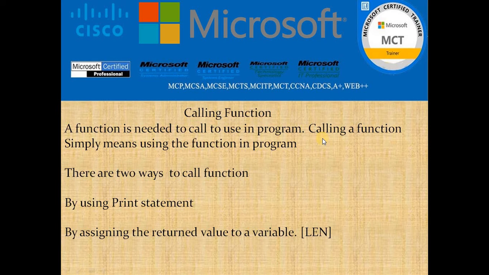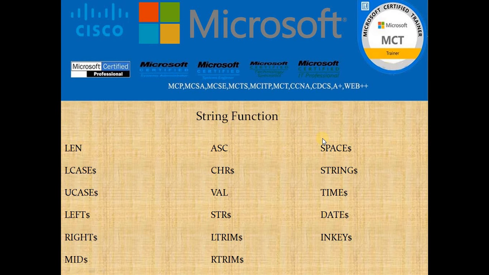Now, you need to know that there are many types of functions in QBASIC. Right now, we are going to talk about one of the important types. These are ready-made programs. You might not have seen them before, but these are the names of your library functions, the built-in functions: LEN, LCASE$, UCASE$, LEFT$, RIGHT$, MID$, RTRIM, LTRIM, STR$, VAL, CHR$.